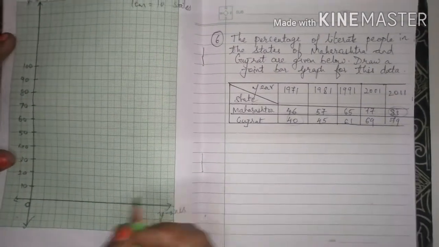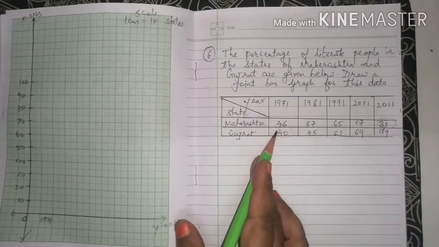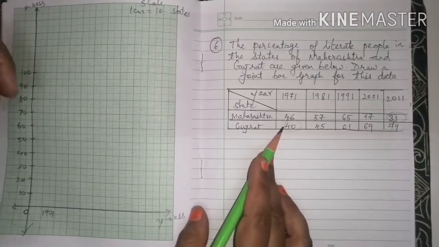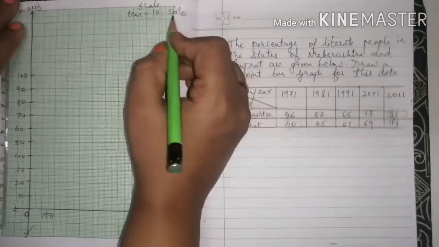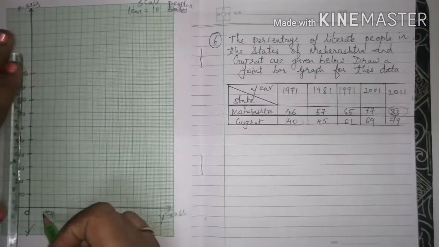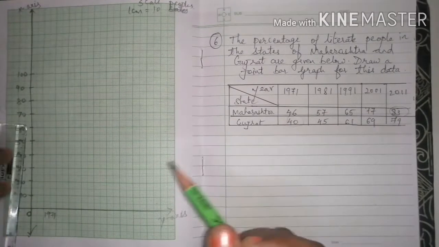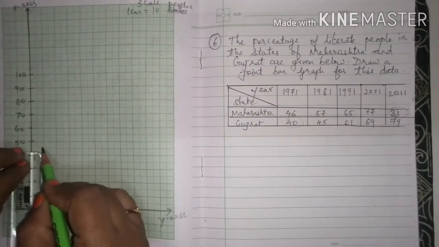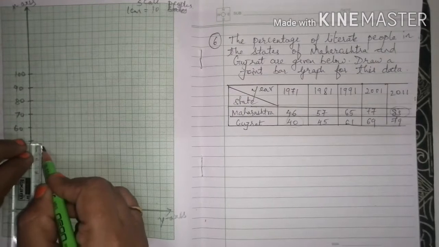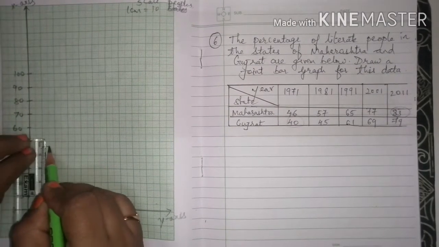The first year is 1971. In that Maharashtra state, how many are there? Sorry, these are the people, 10 people. So 1971, how many people in Maharashtra state? 46. So 45 and 1, 6. So this one is 46.